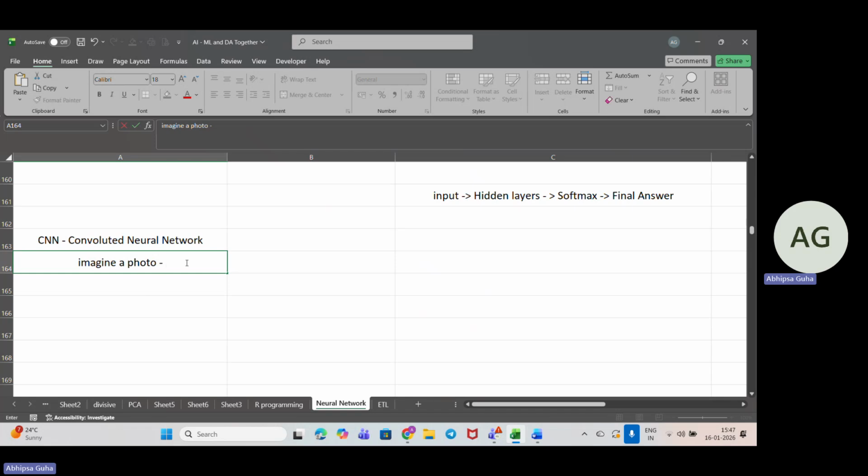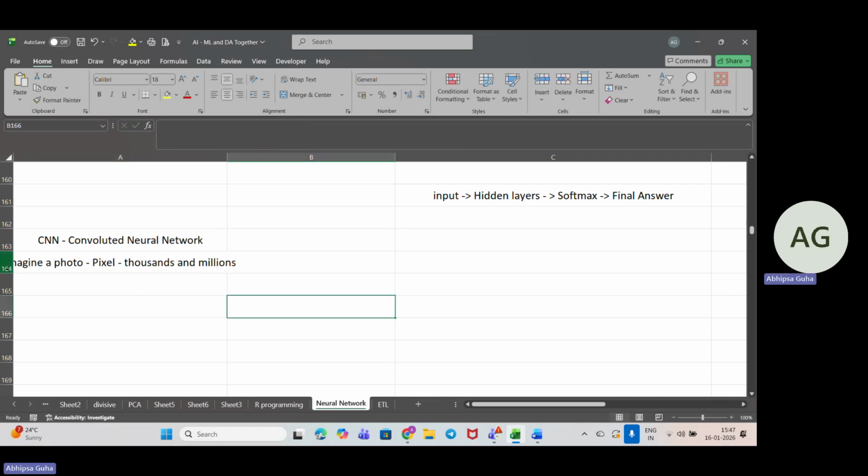A normal neural network treats every pixel as separate and gets confused because of too many numbers. Photos are made up of not just one or two pixels, but thousands and millions of pixels.